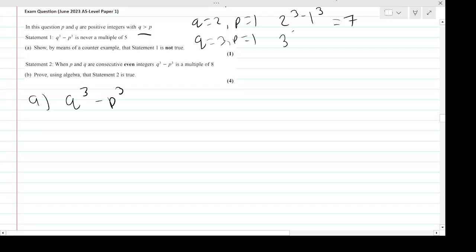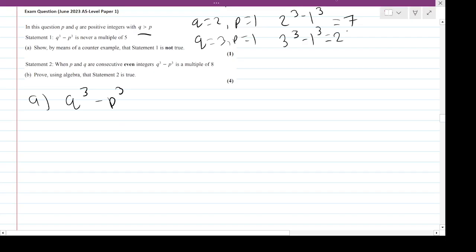So 3 cubed take away 1 cubed is 26. Then what about when Q is 4? Then we get 4 cubed, take away 1 cubed, which is 63. Okay, so that's not going to work.